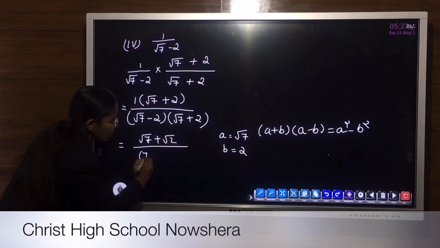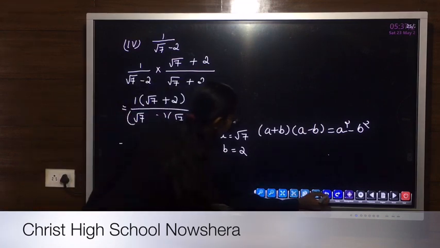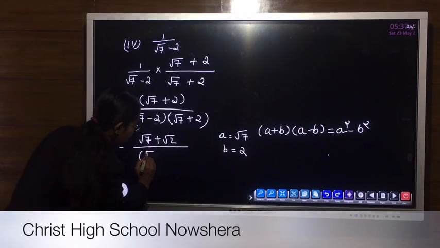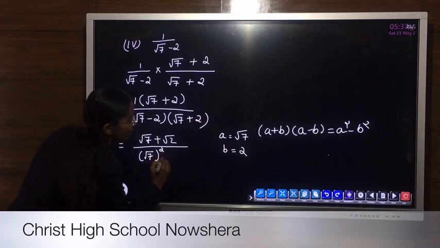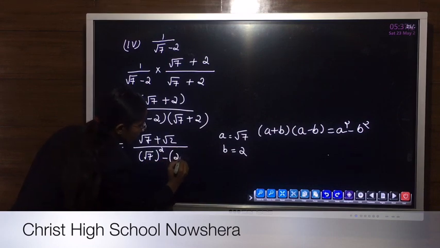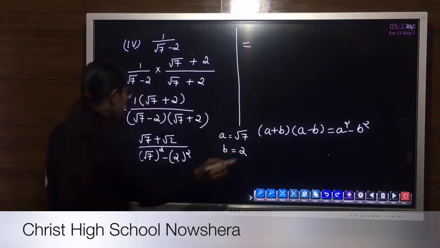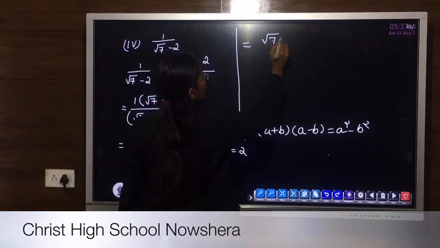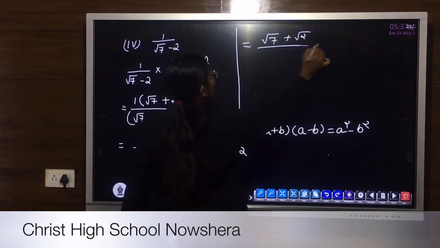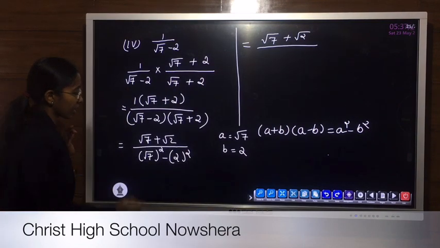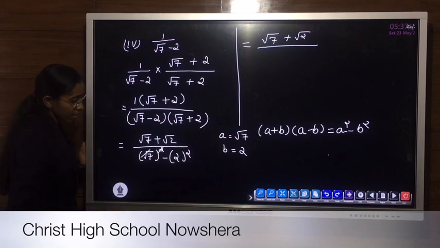That is root 7 whole square minus 2 square, equal to root 7 plus 2 divided by, here this square and root is cancelled.